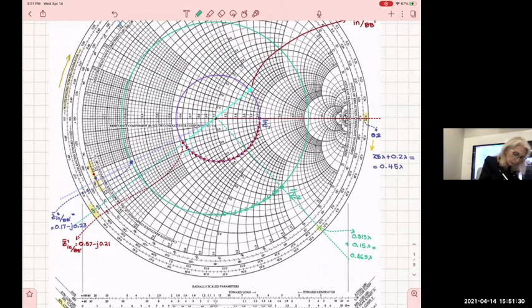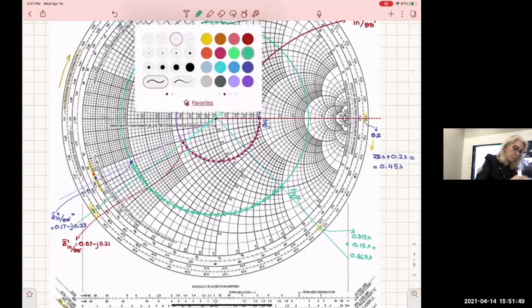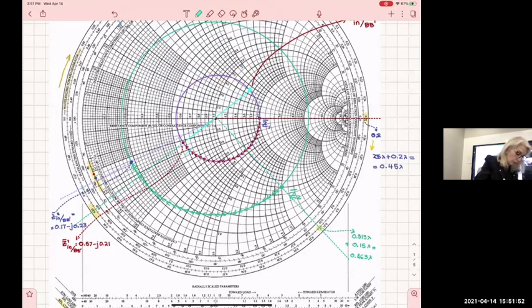Because I moved along this line to find the input impedance. It's here. So now I'm going to take this point and also extend it from here, go through the center, and find the diametrically opposite point.